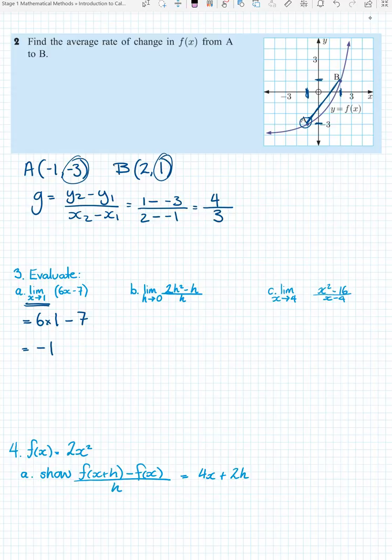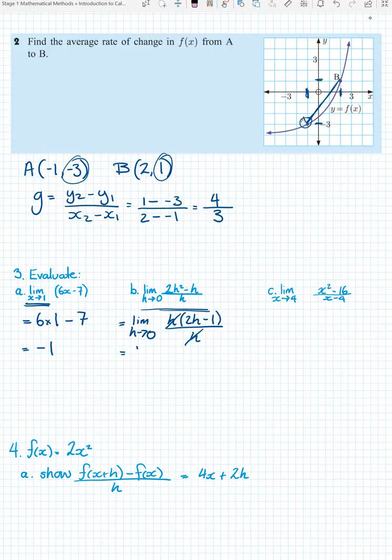Now in this case, we can simplify this expression here. So it's equal to the limit as h approaches 0. We can take h out of this top line. So we're left with 2h minus 1 over h. So the h's cancel out.